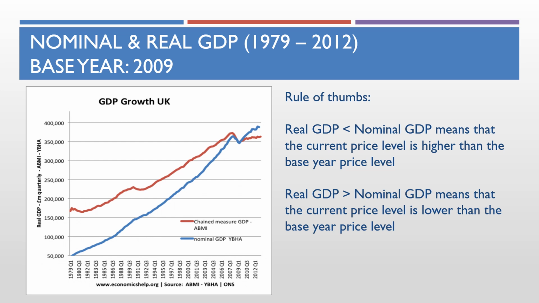In 2010 or 2012, the price level should be higher compared to the base year 2009, and therefore you see the nominal GDP is higher than the real GDP. However, before 2009, the real GDP is consistently higher than the nominal GDP. That means the price level in 2000, 2001, or 2003 is lower than the base year 2009, and as a result the real GDP is greater than the nominal GDP. The red line is above the blue line.